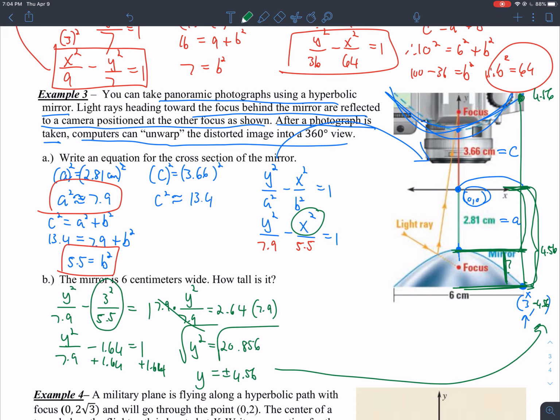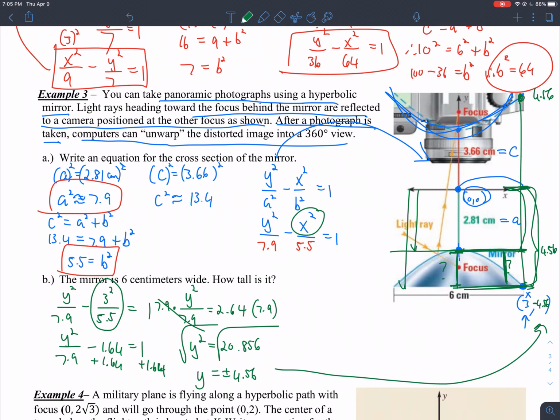So what I can do is subtract those two numbers, and then I come up with the depth, or how tall it is. I keep saying depth because that's one of the other terms we had. So if I want to know the distance from here to here, I take the total distance from here to here, and I subtract the distance from here to here. That'll give me the answer.